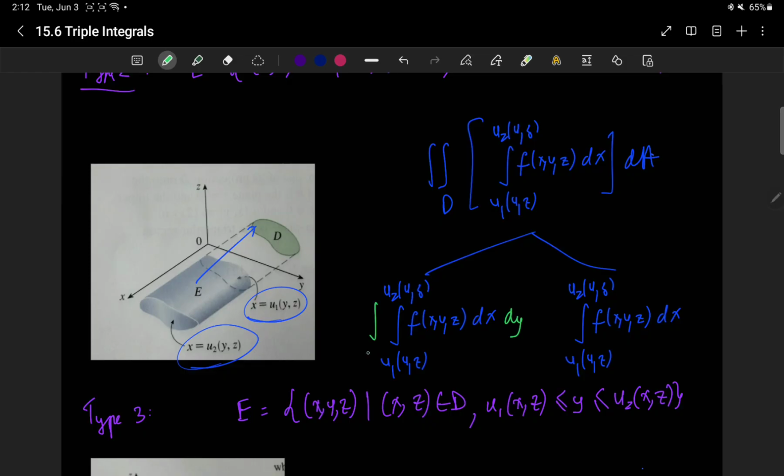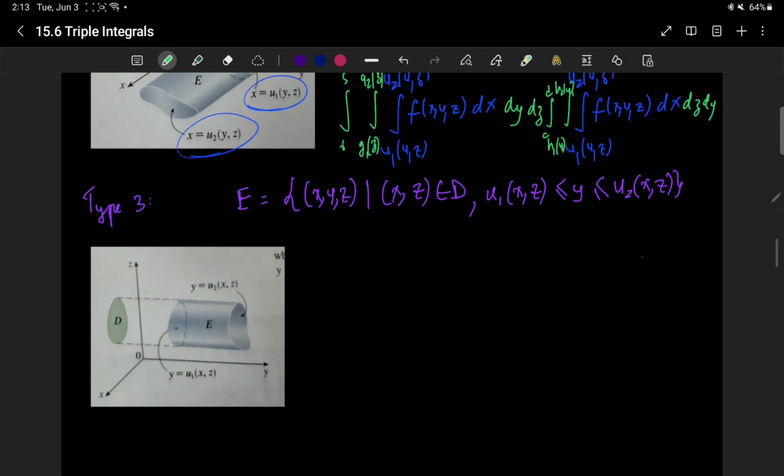So I go dy, which goes from some function, let's use G, G1(z) to G2(z), and then the last one will be with respect to z, which goes from r to s, or something like that. Or it could go dz, in which case it's h1(y) to h2(y), and then a dy, which goes from c to d.